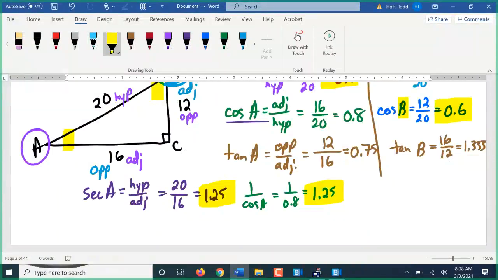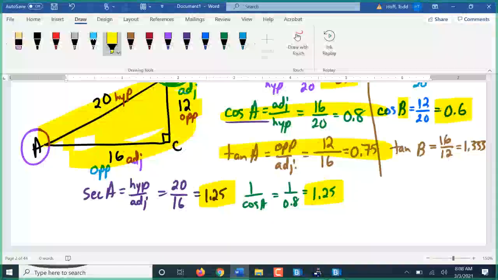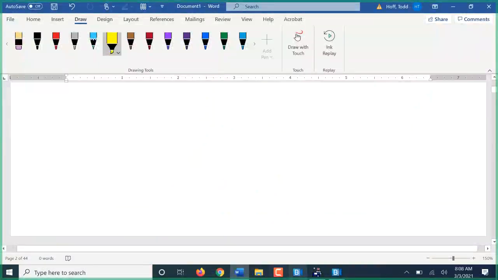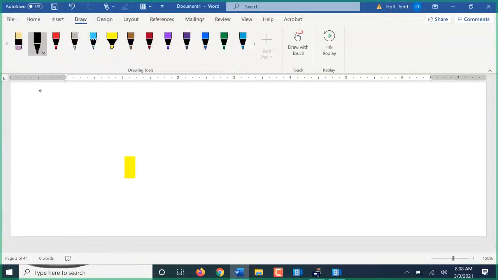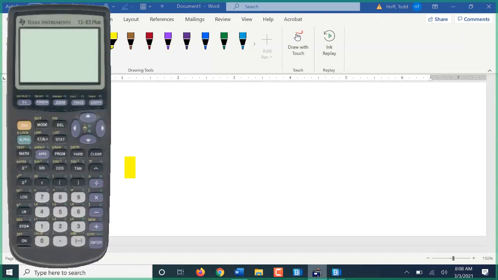Now what my calculator does, rather than giving you a triangle like this and using the ratio of the sides to find the value of the function, is use the angle to find it. So if I want to know sine of 30 degrees, on our calculator I've got sine right there. Most of your calculators, you just type in sine, then 30 and hit equals.